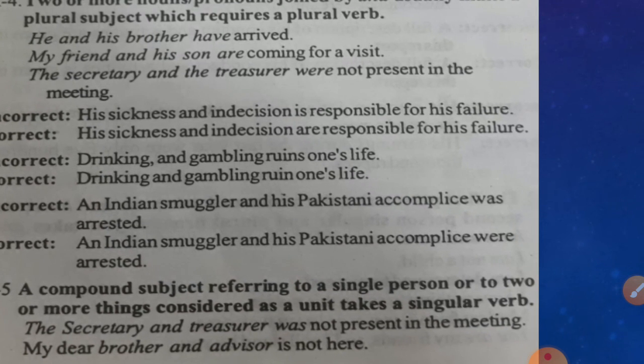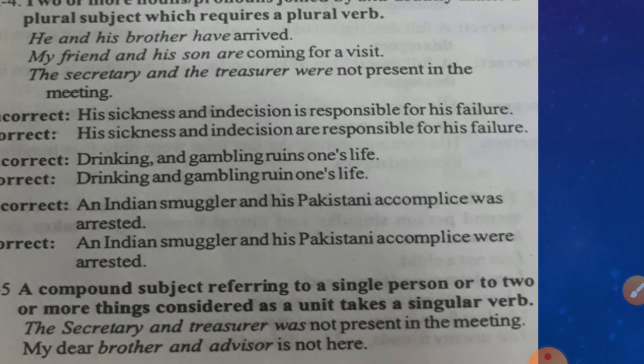A compound subject referring to a single person, or two or more things considered as a unit, takes a singular verb. The secretary and trader was not present in the meeting. In the previous sentence, we meant by secretary and trader two different persons.